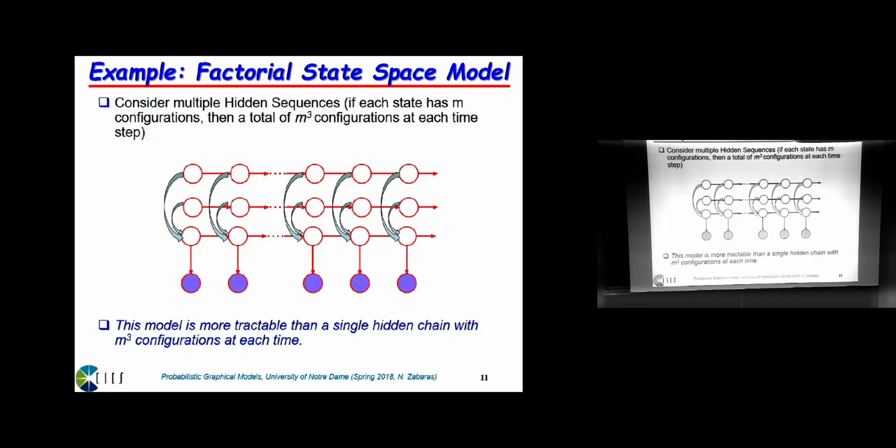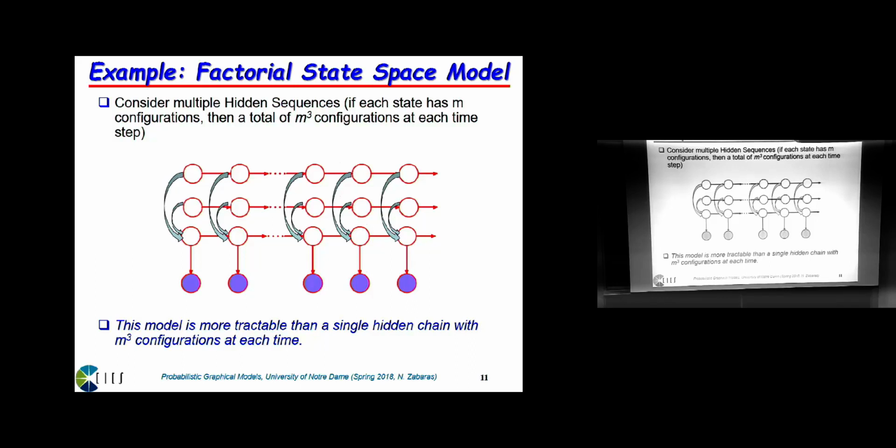And it comes out, this is the only message I wanted to show you here, that if you have a model that looks complicated like that, it's actually much cheaper to do inference than having one chain that has m to the cube configurations. All right, so here I have m possible values, so I have m to the cube possible states. If I substitute this with one chain only that can take m to the cube values, that's a much more complicated problem because it's m to the cube, okay?